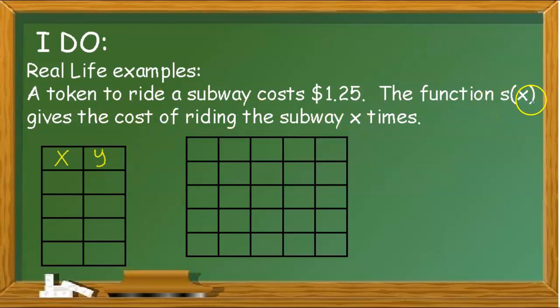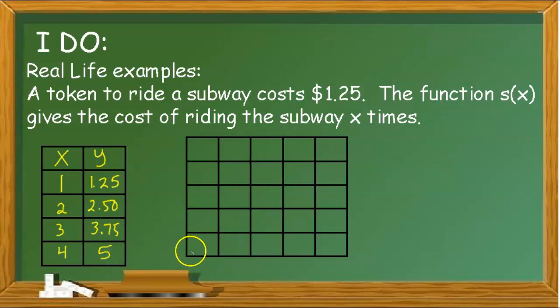So I'm riding the subway X times. That's what that means. So what would be our set of points? If I rode the subway 1 time, 1.25. 2 times, 2.50. 3 times, what would that be? 3.75. 4 times, $5. Okay?